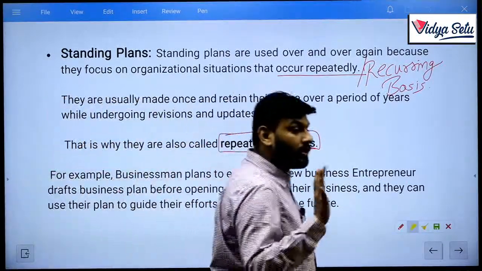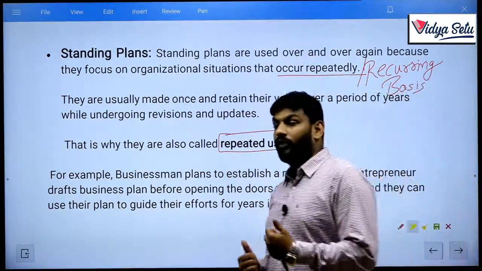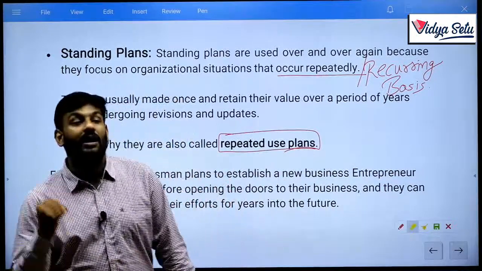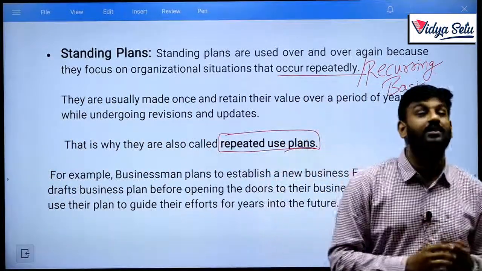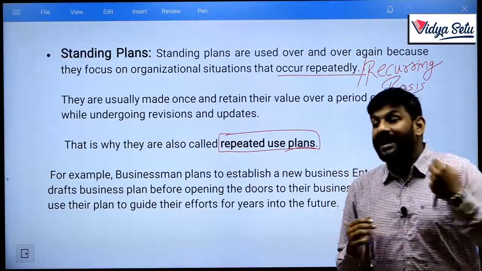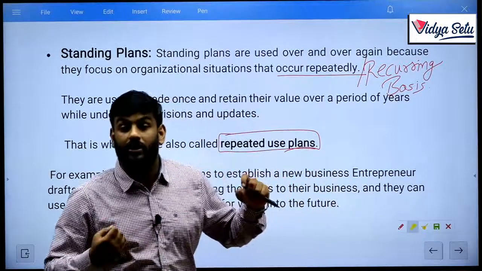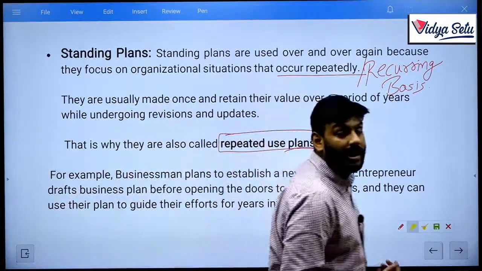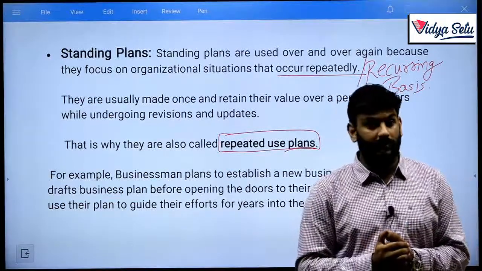So we can say that single use plans are used once and terminated or eliminated at the end of the project or circumstances. But standing plans are of a recurring nature, can be used repeatedly, and can help the organization's long term objectives.